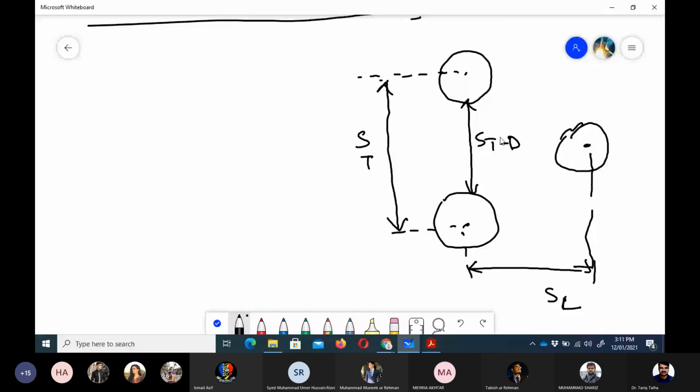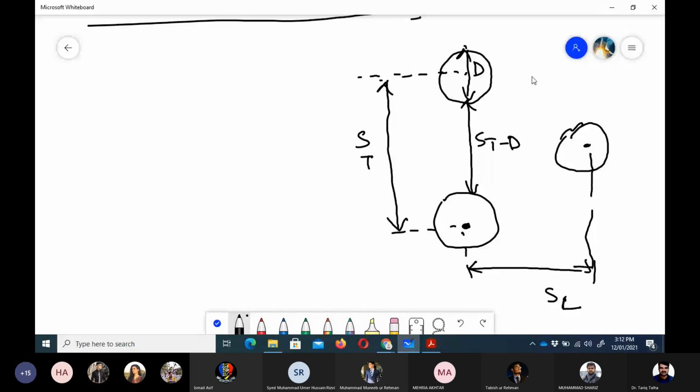D is the diameter of this tube. So D by 2 would be the distance from here to here, and D by 2 would be the distance from this point to this. That's why we have subtracted: St minus D.